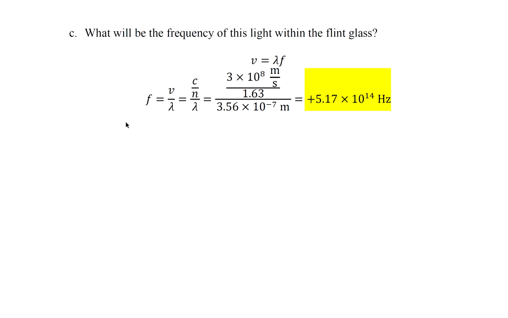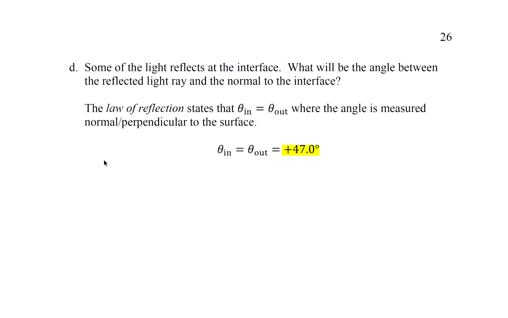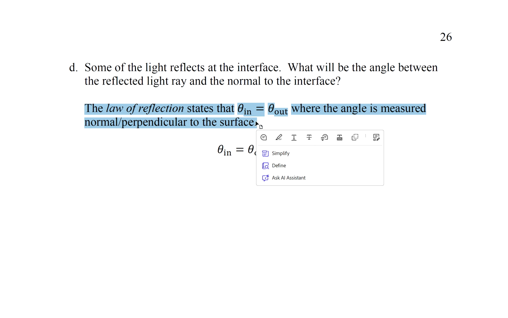Part C, what would be the frequency of this light within the flint glass? So V equals lambda f, solve for f. Part D, some of the light reflects at the interface. What would be the angle between the reflected light ray and the normal to the surface? Well, we have the law of reflection, theta in equals theta out.